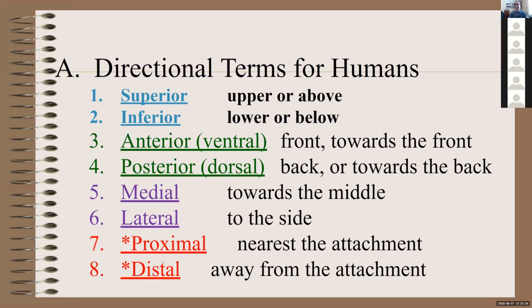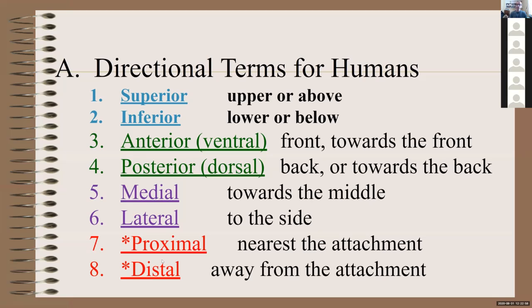And you may be asking yourself, why are we learning all of these funky directions? Well, when we get into class and we start dissecting, you have to know these terms pretty well. So we're going to spend this whole week learning these terms because they're really important to know.